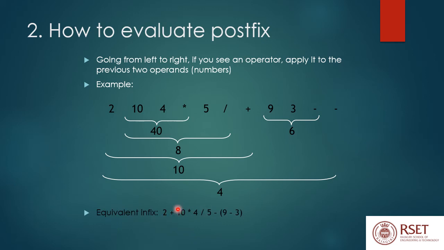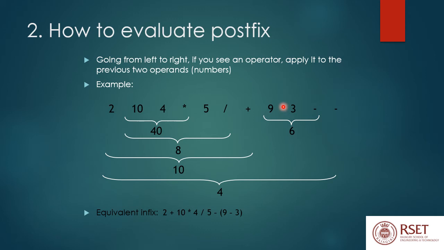We have converted this infix expression to a postfix expression using our stack. If you had this infix expression with you, very easily you could have got the answer 4, right? Because you know the precedence rule and the associativity, you can directly apply that and get the answer 4. But given an expression like this, without any parentheses, without any concern about the rules, you are not concerned about which has to be applied first.